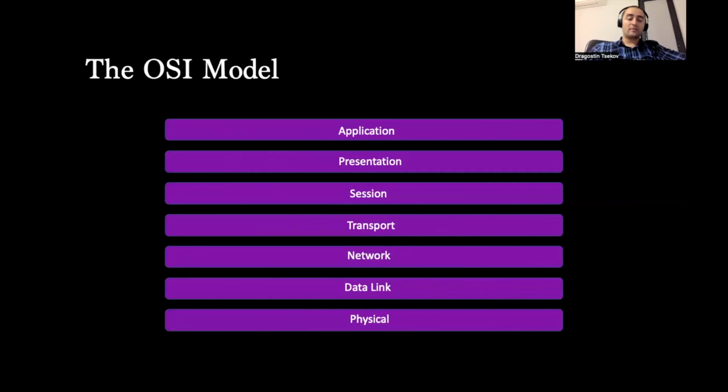But for now, just understand that OSI has 7 different layers, and you absolutely have to remember each and every one of them. Initially, it might be a bit difficult, but there are different mnemonics out there which can help you do that. One of my personal favorites is please do not throw salami pizza away, which is for remembering the layers from the bottom up.